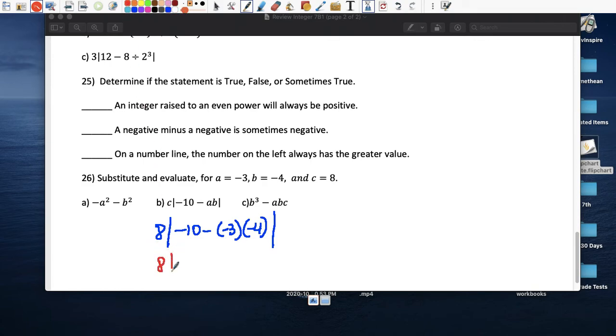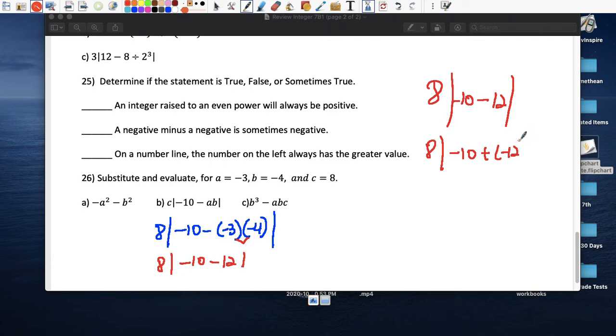Let's do that. We have to take care of this multiplication first. Negative 10 minus, and what's negative 3 times negative 4? It's a positive number, and that's 12. Let's find out what negative 10 minus 12 is. Again, it's negative 10 plus negative 12.